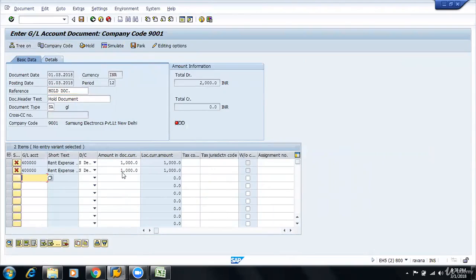So what we observe here is, as I already told you, there was a warning when I was holding a document that any item or any GL having zero amount against it will be ignored by the system. If a user wants to retain that GL as well, he needs to enter a certain value, 1 rupee, 2 rupee, or whatever. All right.